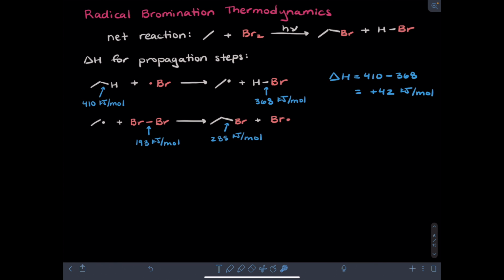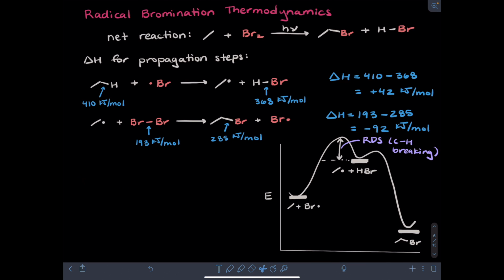Here I'm showing the bond dissociation energies for the bromine-bromine bond broken and the carbon-bromine bond formed. Using these values, we can calculate delta H for this halogen abstraction step for the bromination reaction as being negative 92 kilojoules per mole. So this step, this halogen abstraction step for bromination, is exothermic.